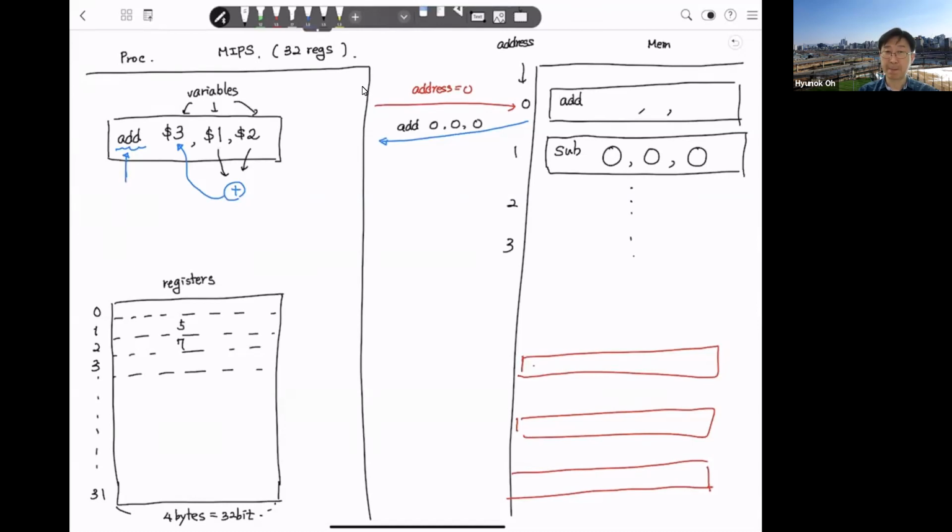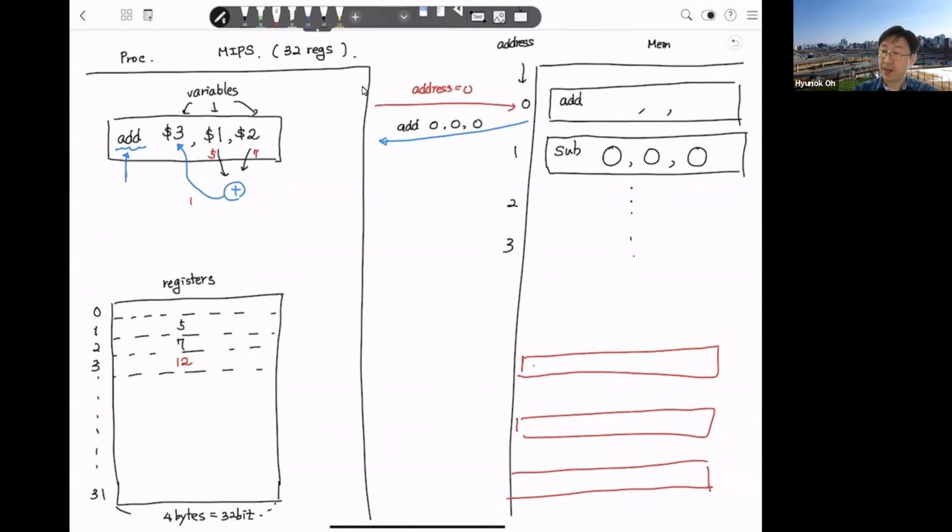That's the format. In this case, $1's value is 5, $2 has 7, and after addition it will be 12. So after running the add instruction, the register 3 value will be changed to 12.